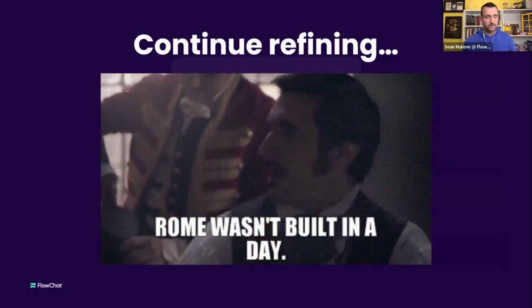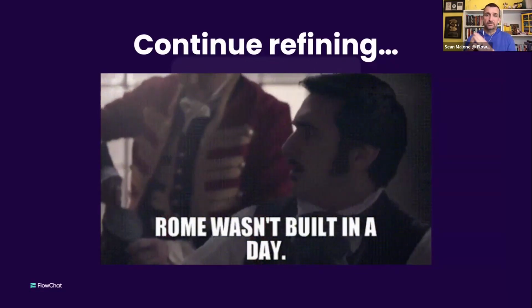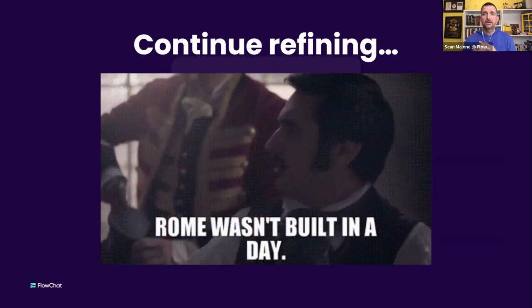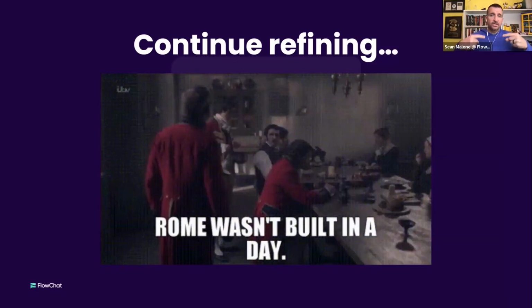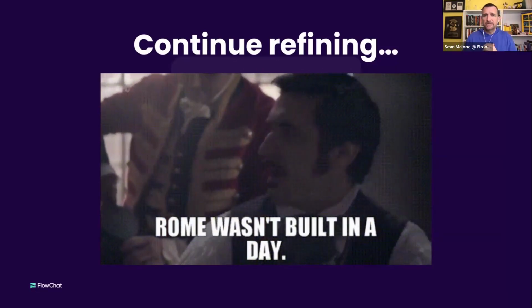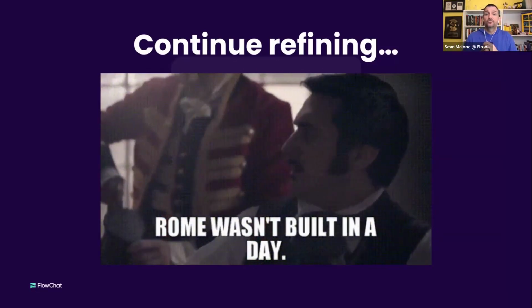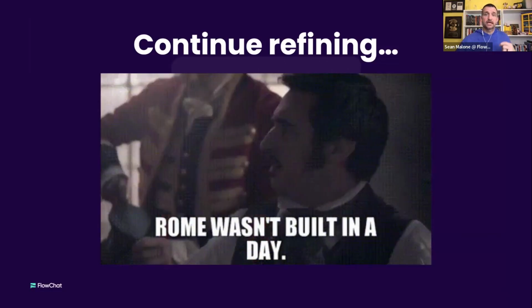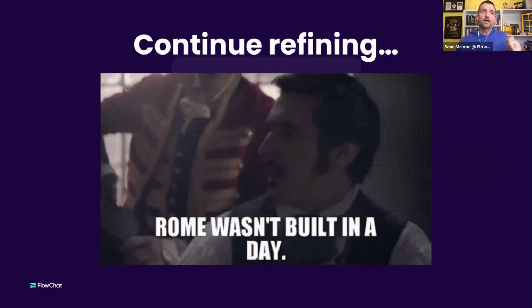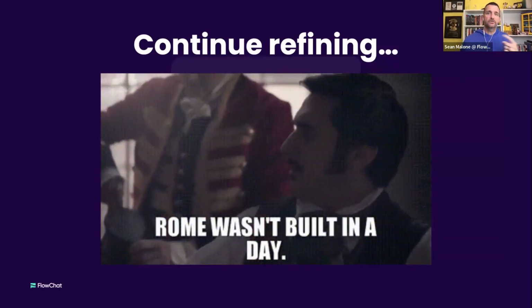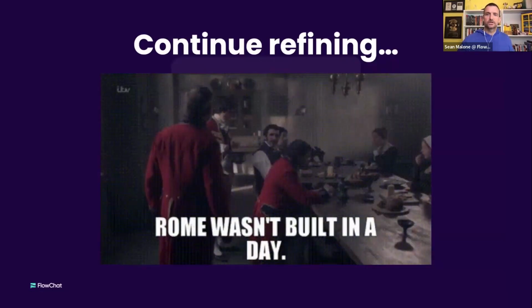Because guys, I promise you, when you optimize a prospecting system using FlowChat or whatever system you might be using, hopefully it is FlowChat, and you get this thing continually being refined on a week in, week out basis, you're going to see some tremendous results. So again, it always takes consistent, continual refinement. And if you don't have a place to review your metrics, put one on your calendar and stick to it, right? Because if you do this week in, week out, your business will continue to grow.